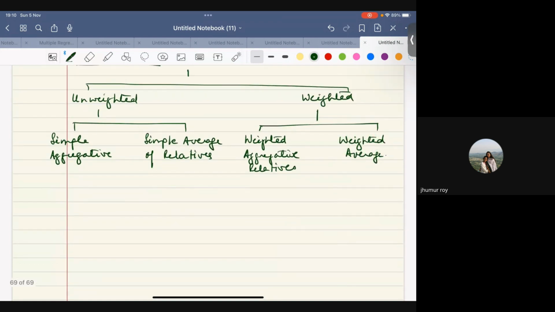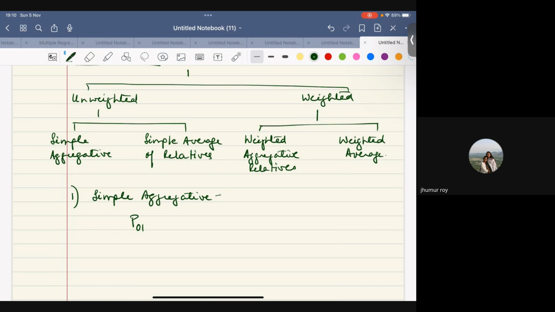So first we come to the unweighted and we come to the simple aggregative method. Here we write it as P01. What does it mean? It means base period to now. So for example, you want to compare what are the changes in prices from 1900 to 2020.